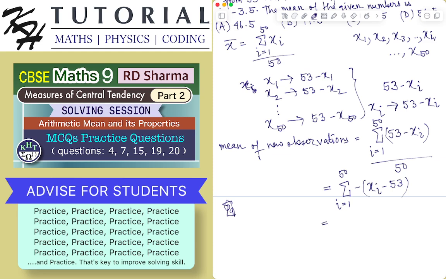In sigma notation, this is the summation of the minus of xi minus 53. I can take the minus outside the sigma, so this will be equal to negative of the summation of xi minus 53, i varies from 1 to 50.